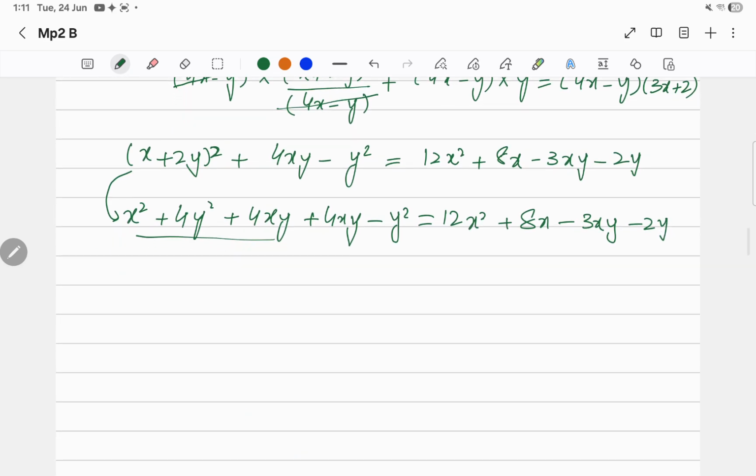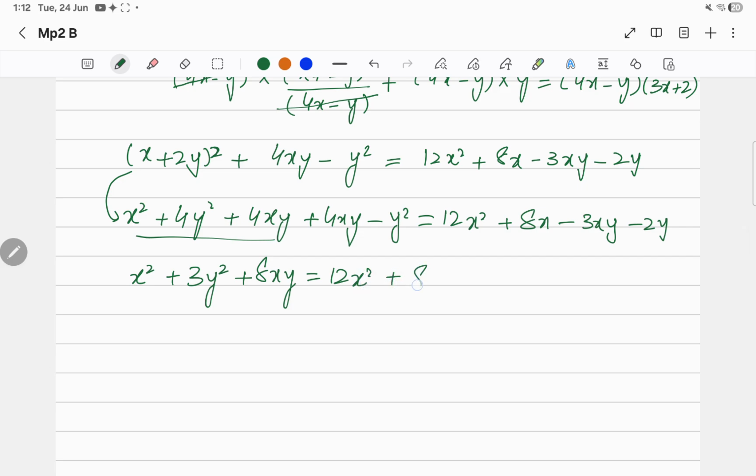So on the left hand side we have x squared plus 4y squared minus y squared, which is 3y squared, 4xy plus 4xy is 8xy, equals 12x squared plus 8x minus 3xy minus 2y. Okay, now if you take this expression from the left hand side to the right hand side, the first 12x squared as it is.